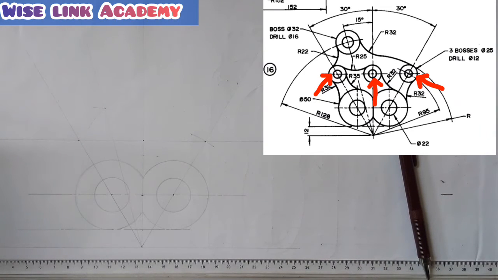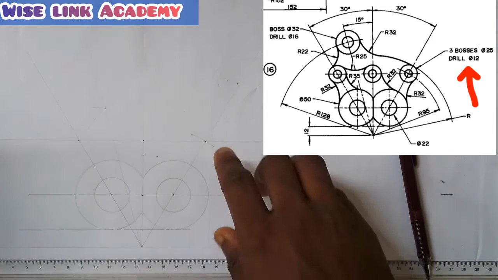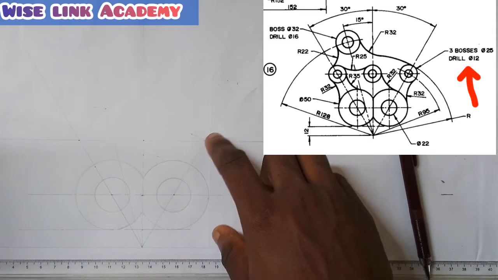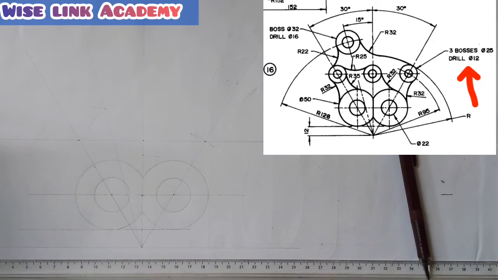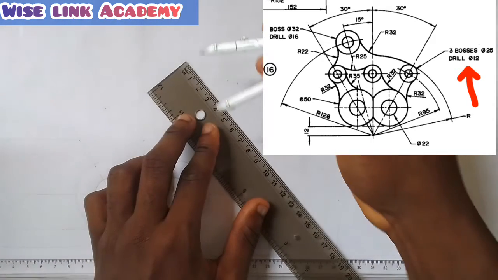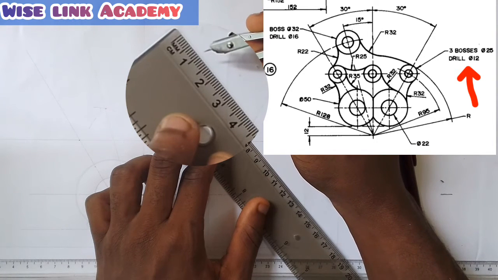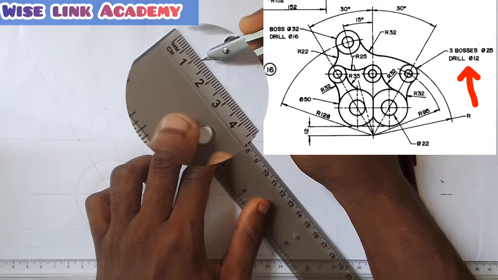So now, what do I do? If you observe the dimension given, they say 3 boxes, diameter 25, drill, diameter 12. The drill simply means the smaller circle, while the box means the bigger circle at that point. Now, the first one is 25. So half of 25 is what? 12.5. So I measure 12.5 from this one.